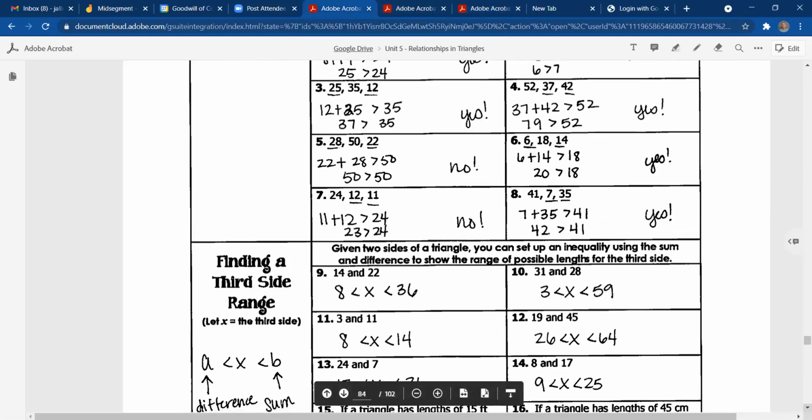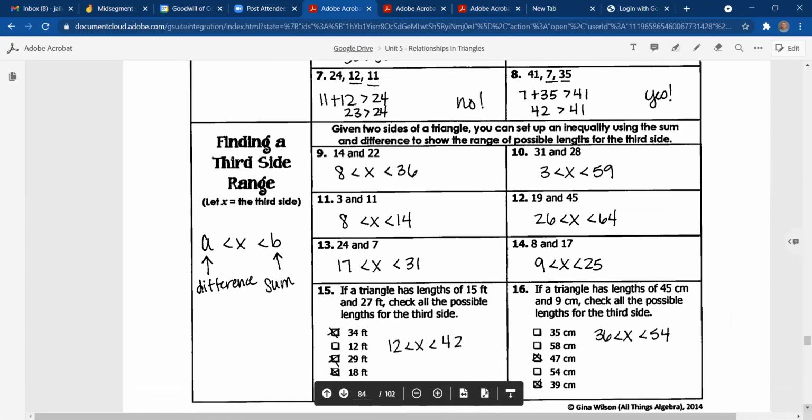So for a compound, remember your compound inequalities, you got 2 in 1. This is how you would say this. If our third side is going to be greater than 8 and less than 36. The calculation is what you see over here on the left.